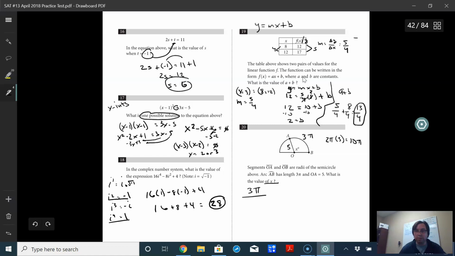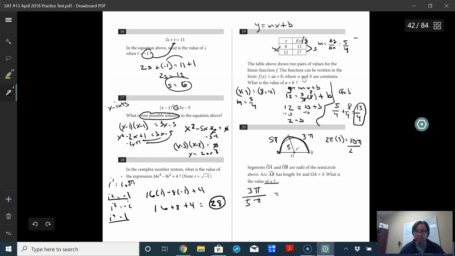However, the circumference is for the full circle. We have a half circle there, so we need to divide this by half. So the full length of this outside here is only 5 pi.